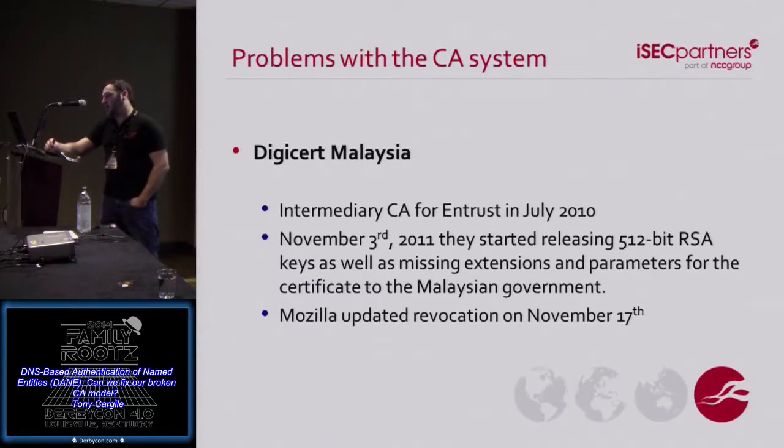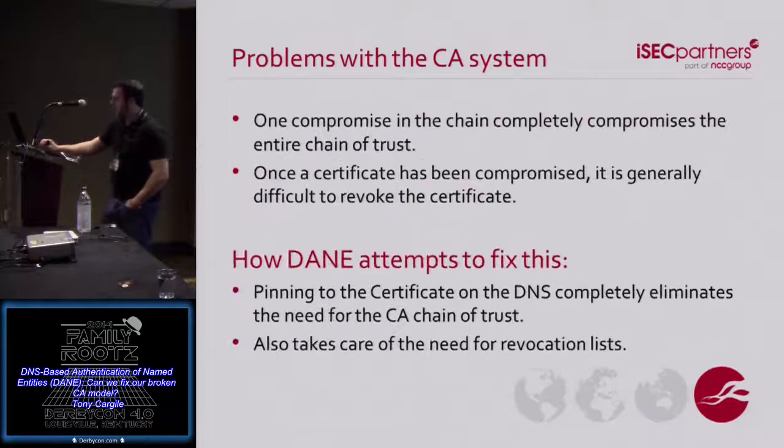And so, there was some investigation. They figured out what was happening, and finally, on November 17th of that year, Mozilla updated their revocation of these certificates. So again, 2 weeks after they realized. These two examples kind of highlight the problem with the CA system that I see right now.